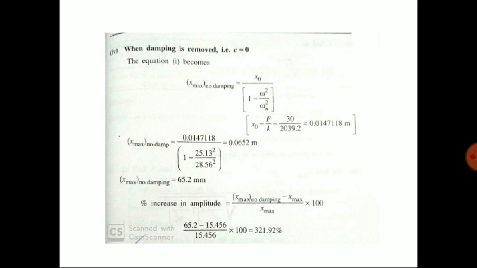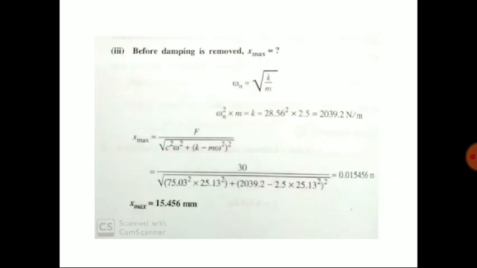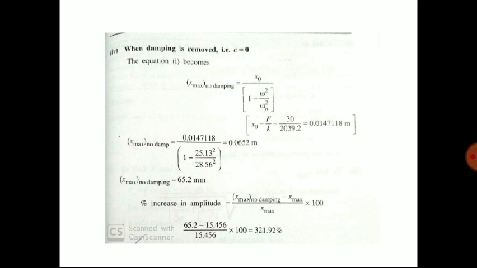Under no damping, the amplitude will be maximum. Here you can see no damping amplitude is maximum. So no damping minus with damping, divided by with damping. So 65.2 minus 15.45 by 15.45 gives 321.92 percent.